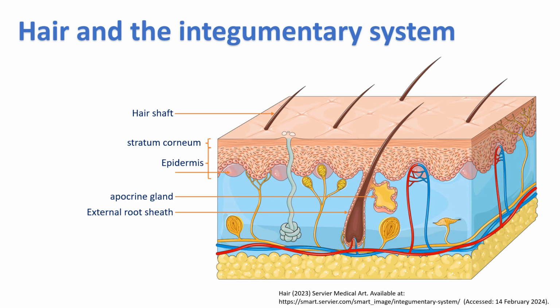We'll have another look at the structure of hair at a very top level here. If we look towards the integumentary system, which we've learned about in the first year, we see that we have hair growing out of the skin, the hair shaft. That's very easy, very visible.